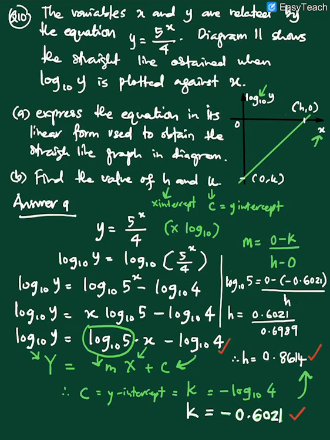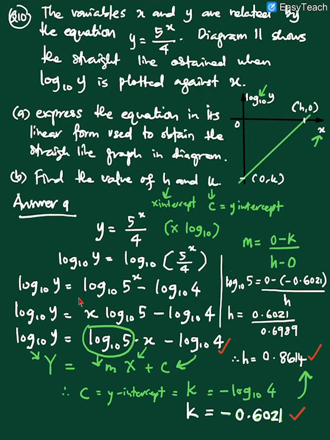Now, this question is about the equation y equals 5 power of x over 4. You have to express the equation in the linear form obtained for this graph. We can see that for this graph, the y-axis is log base 10 y and the x-axis is x. So when I change this equation, I have to make sure my y-axis quantity is log base 10 y and my x-axis quantity is x.